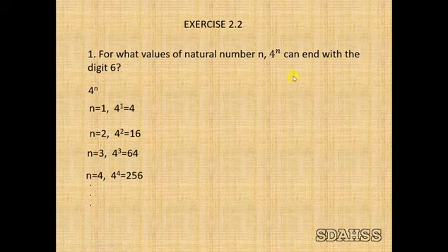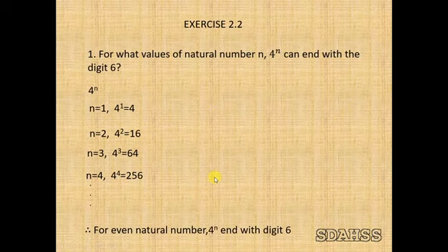Here in the question, the last digit must be 6. Therefore, for even natural numbers n, 4 power n ends with the digit 6.